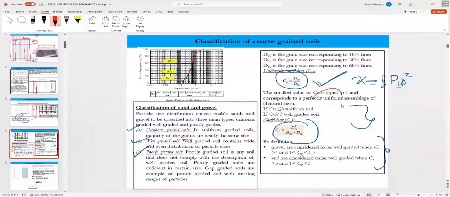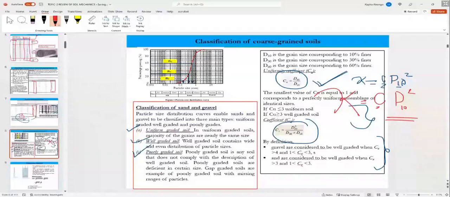The hydraulic conductivity K is constant C times D10 squared.